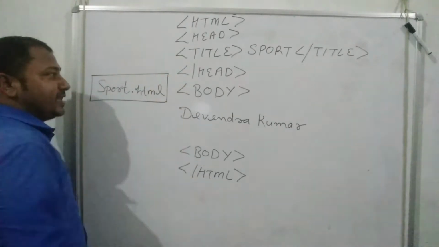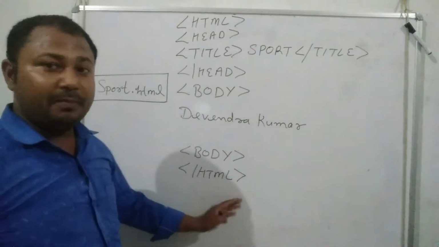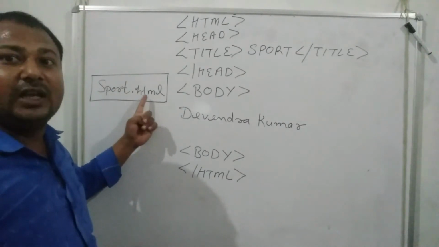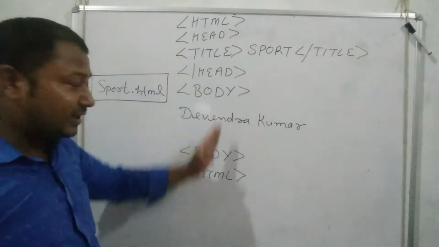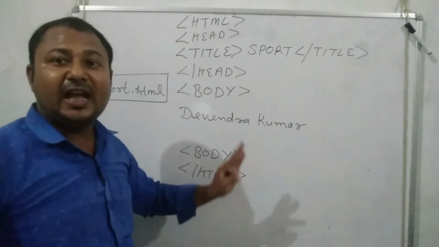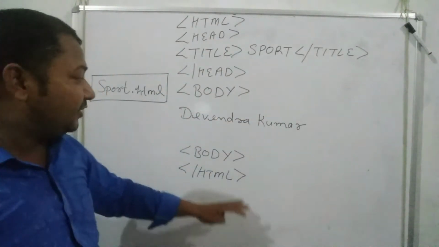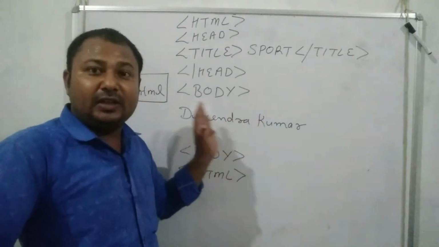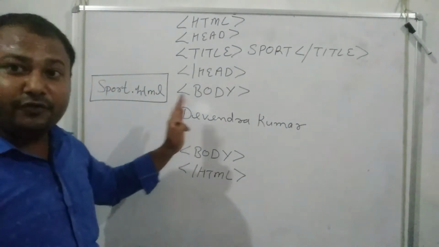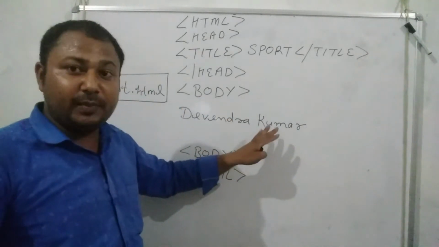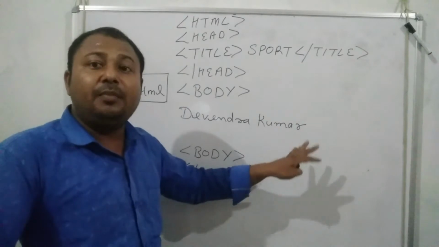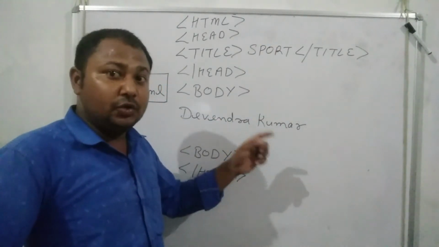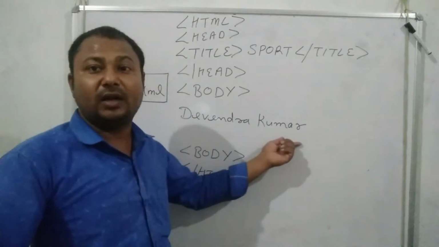When we save this file as sport.html, this code will run as HTML. After saving, we have to open this file in a browser, and then it will show Devendra Kumar.